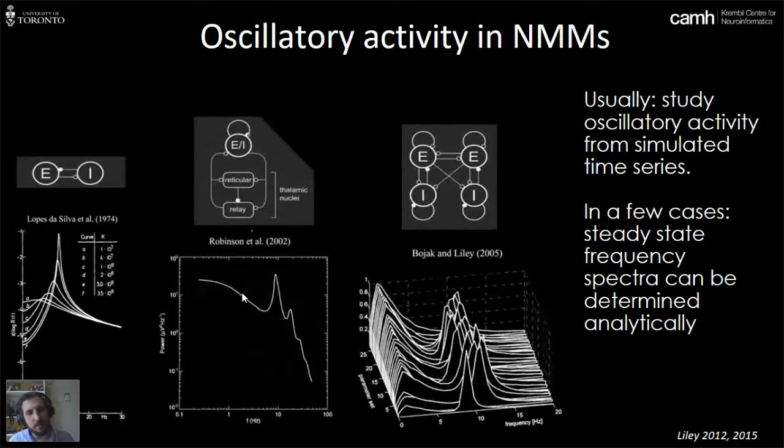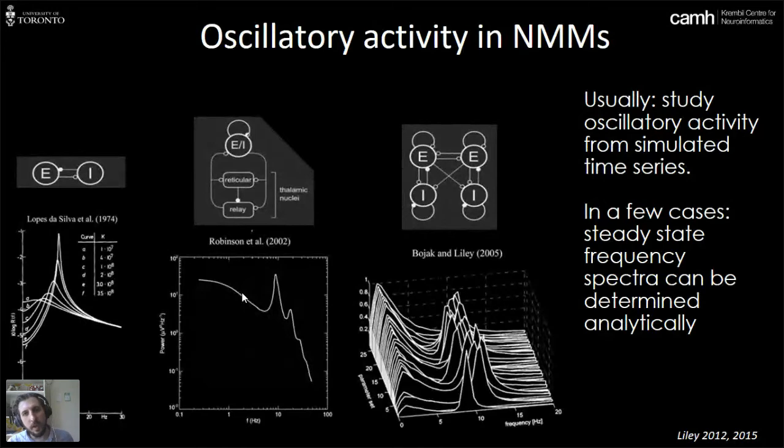Now the way we study this, and we will see this in the tutorial later, both in the first tutorial with Itai and the second tutorial with me, is the typical thing to do is to simulate neural activity, integrate your differential equations, generate simulated time series, and then study the frequency content of the simulated time series as you would do experimental data. That's the easy way to do it. And when you're working with systems beyond a certain level of complexity, that's the only way to do it.